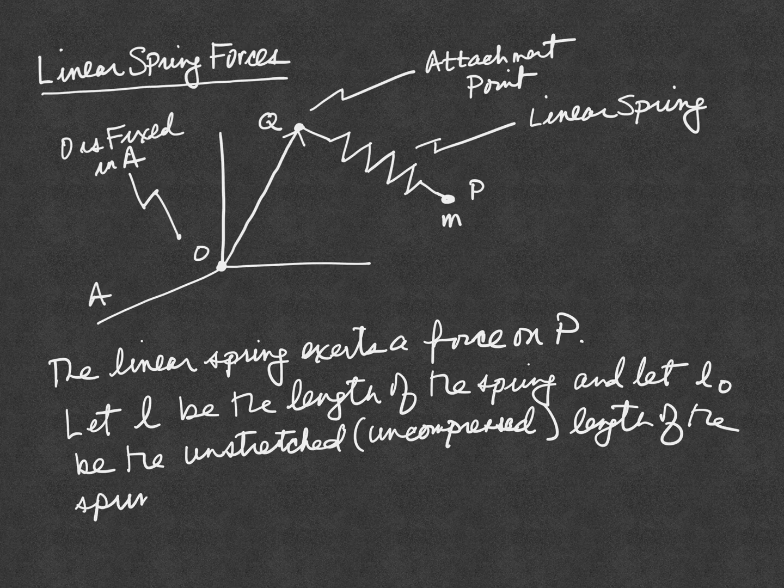What that means is that when the spring has a length L0, there's no force being applied by the spring. It's only when the spring has a length that's not equal to L0 that there's a force applied. Now, we have the following assumptions about this linear spring in terms of the way the force is exerted.